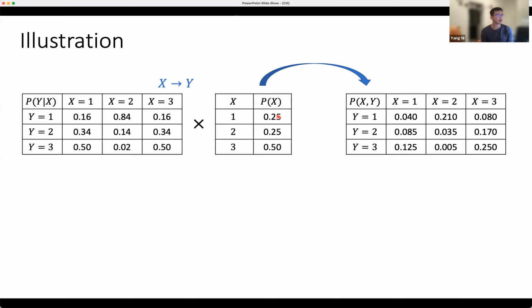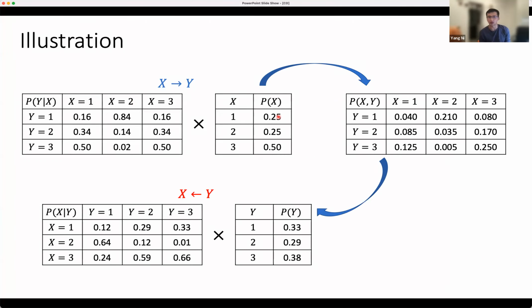So that's simple. But of course, nothing stops you from factorizing this joint distribution the other way around. I can always get the margin of y and the conditional of x given y. So that's another factorization of the probability, and that, of course, corresponds to the reverse, or so-called anti-causal model, the reverse direction.